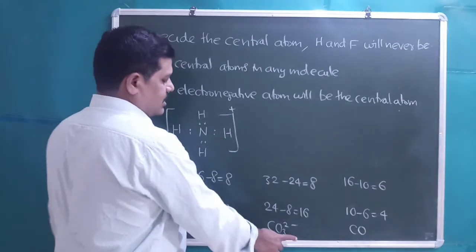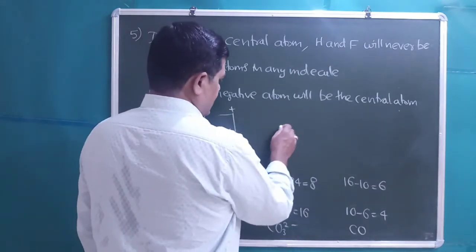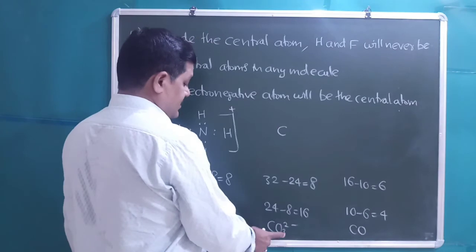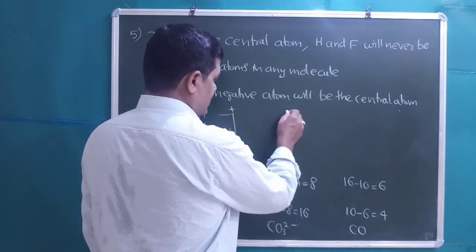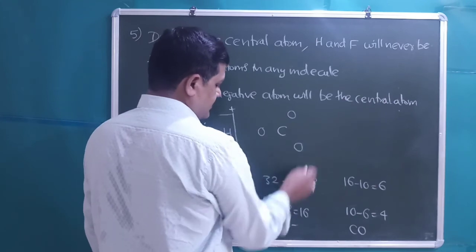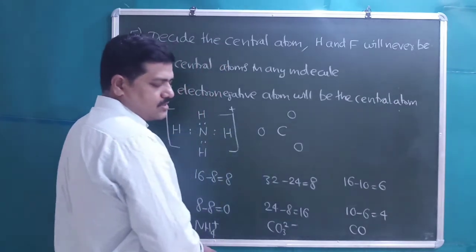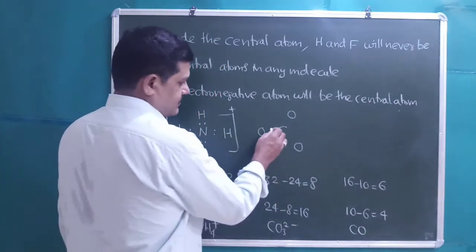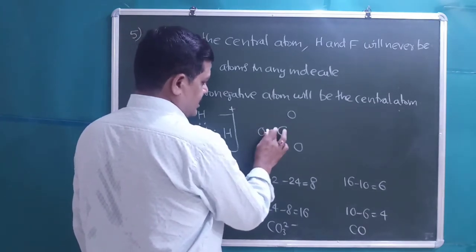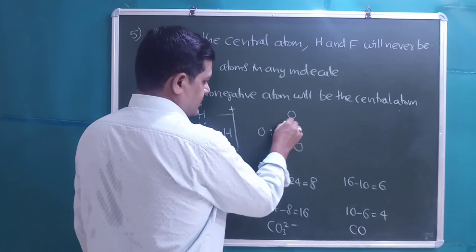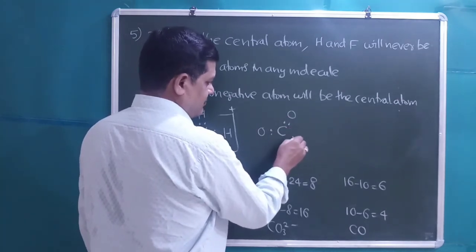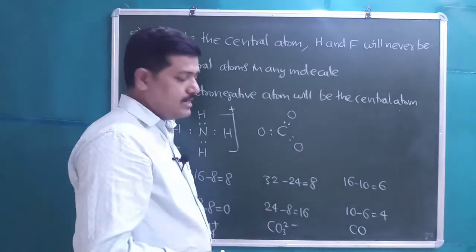In the CO3 2 minus case, the less electronegative atom, carbon, will be the central atom, right? First write down 3 oxygens around the central carbon. Assign the electrons for the single bonds first. Here each single bond shares one pair of electrons, right?